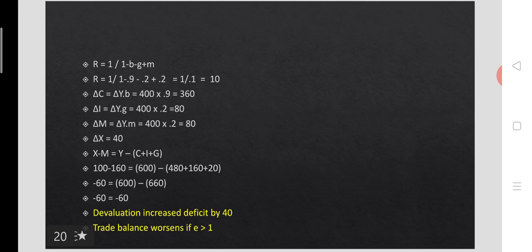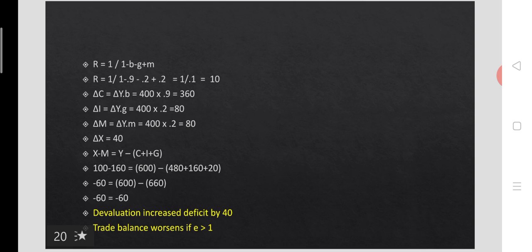So delta Y is 400, that is the change in income in this case after devaluation multiplied by the foreign trade multiplier. G, or marginal propensity to invest, is 0.2, then the value is 80.